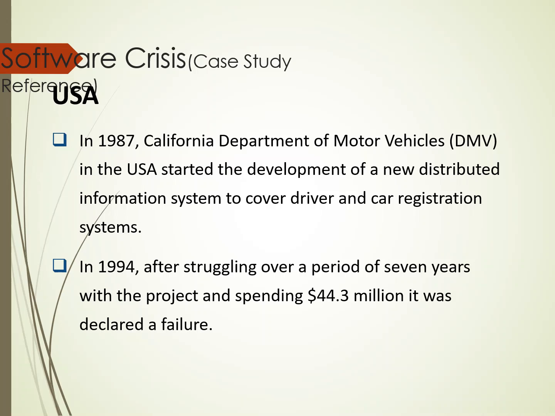After such a long period of time and such a big cost, the software failed. One big reason is that no SDLC approach, no software development approach, was applied to the software.